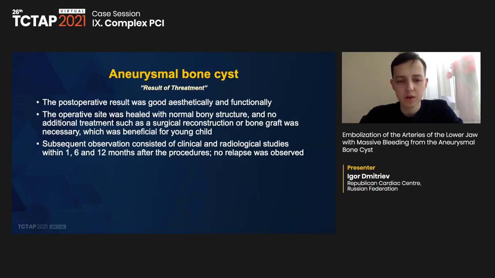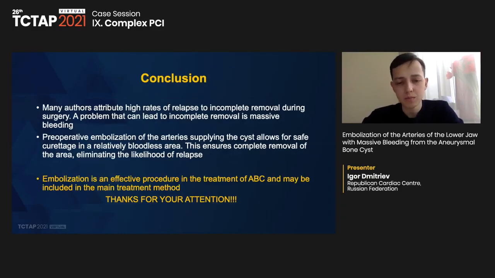Subsequent observation consisted of clinical and radiological studies within 1, 6, and 12 months after the procedure. No relapse was observed.